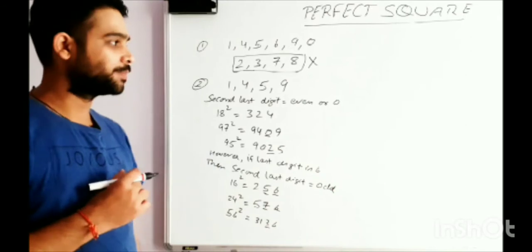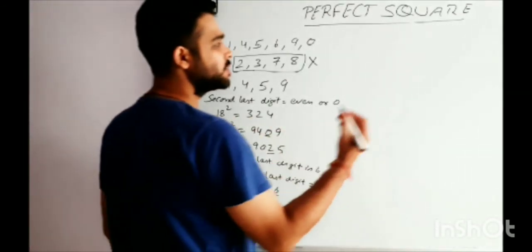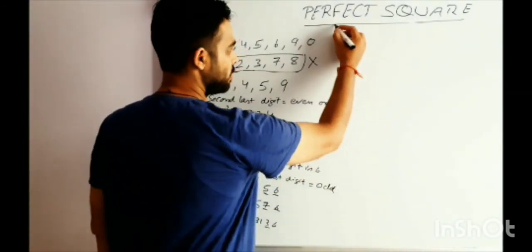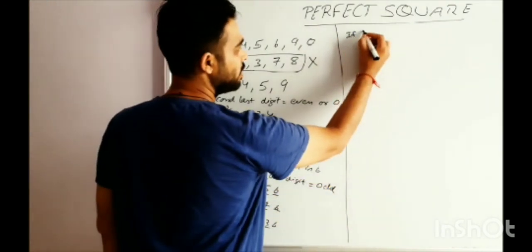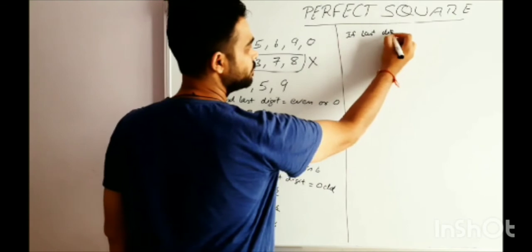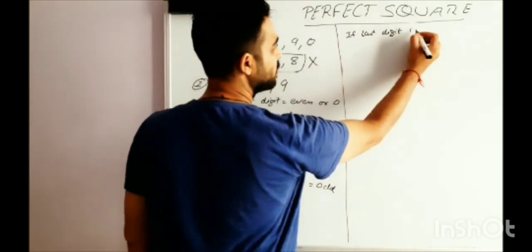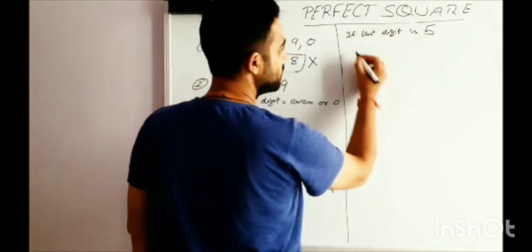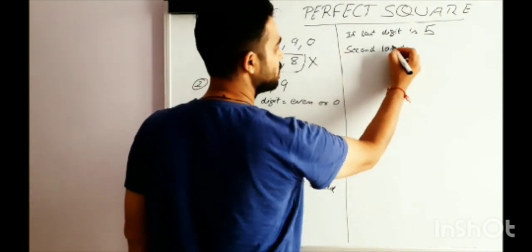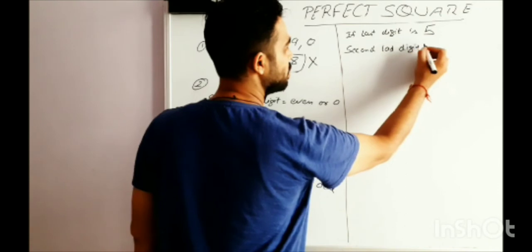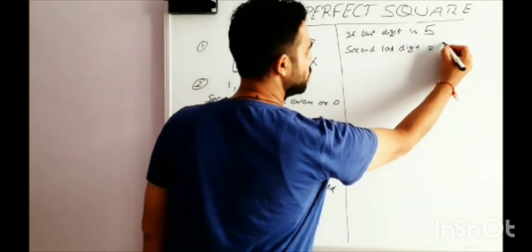Now, one more thing. If the last digit is 5, the second last digit will always be equal to 2.